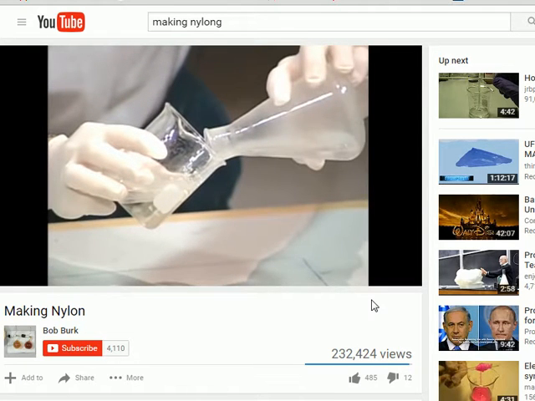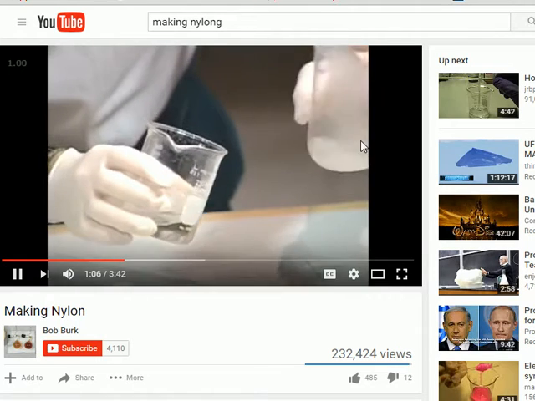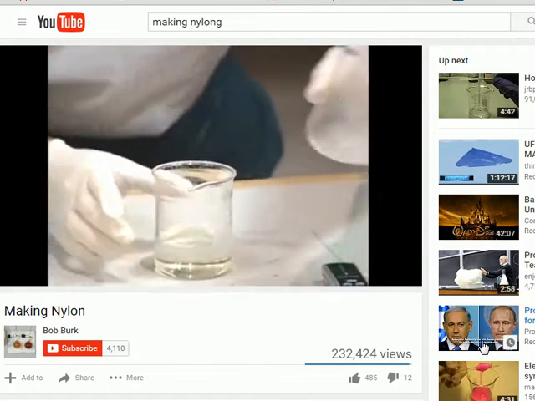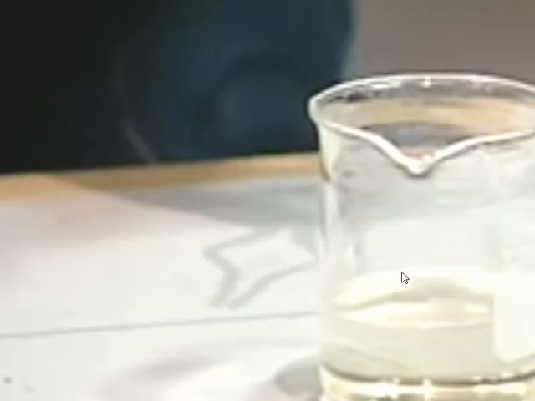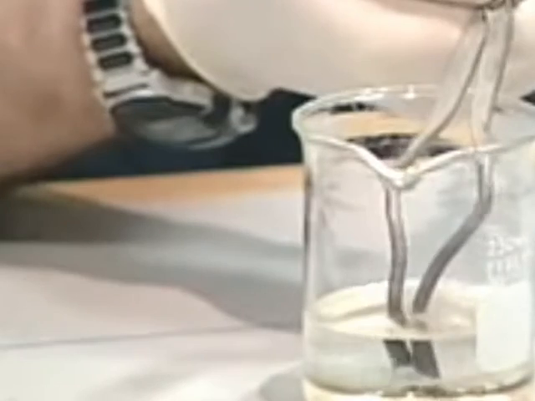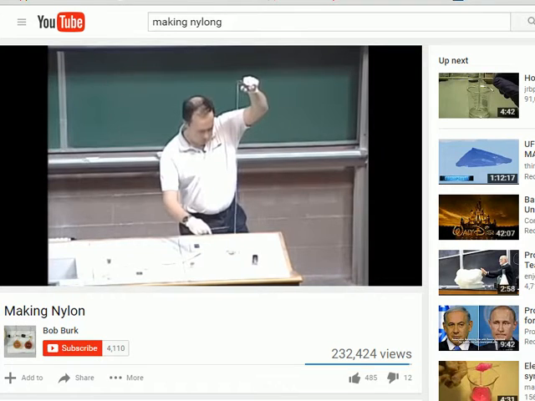He's mixing layers floating on the top here. But of course, where they come together is where the polymer can be made, where the condensation reaction is happening. So then I'm going to reach in here, and where the interface is, I'm going to pull out some nylon. So here we go. Look at that. We'll see how much nylon we can pull out of this thing. There's a meter.